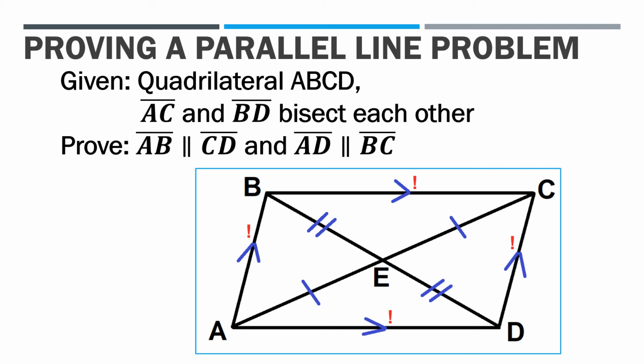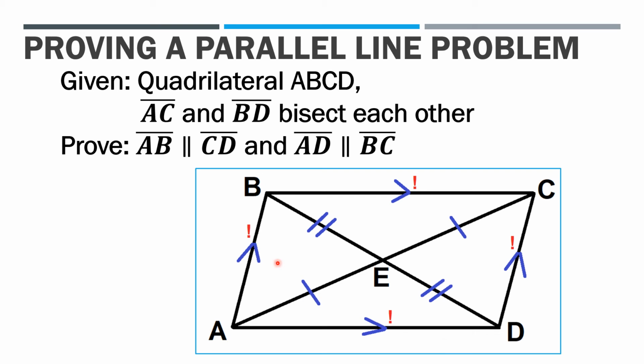We need to prove that line segments AB and DC are parallel, as well as line segments BC and AD. To do this, we now think deductively. To prove that two lines are parallel, we need to identify a transversal and determine which angles can be congruent.